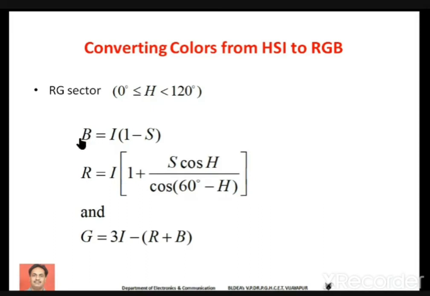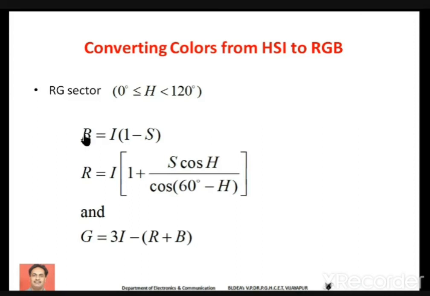Amount of blue color can be calculated as I in bracket 1 minus S, and amount of R can be calculated as I into bracket 1 plus S cos H divided by cos of 60 degree minus H. Then to calculate green, we have the formula as 3 into I minus in bracket R plus B. These set of formulas we use in case the value of H is between 0 and 120 degree.